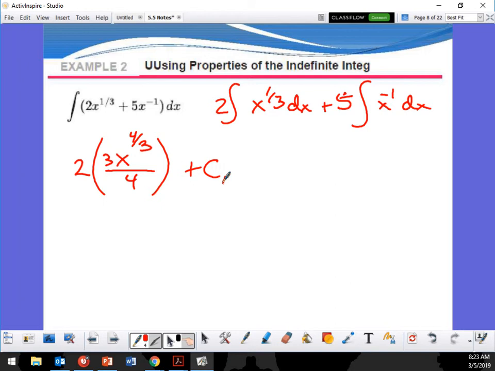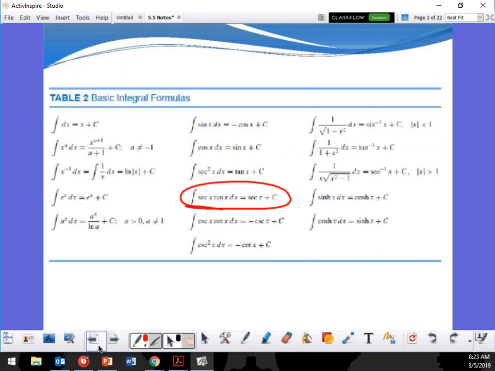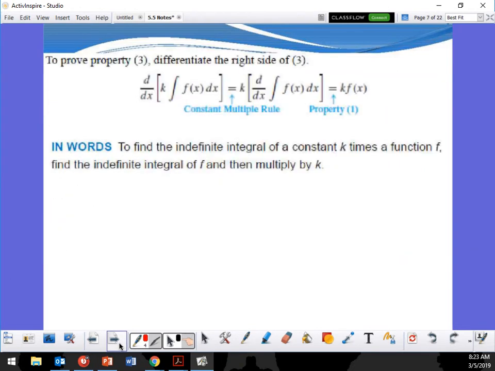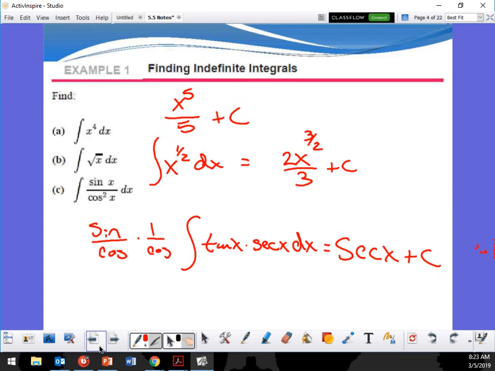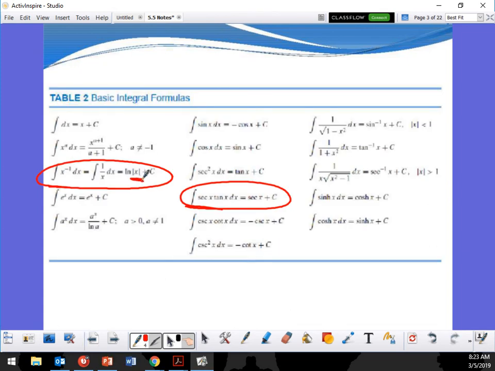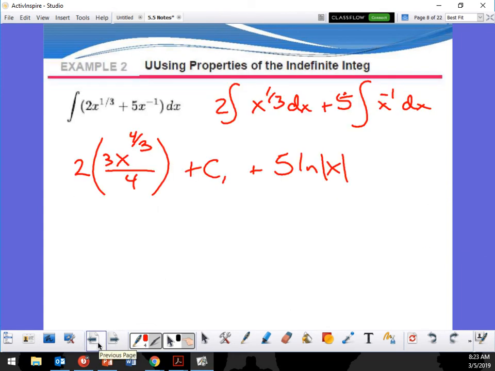That's a rule, and it's on the card right there. So 1 over x integrates to ln x. So it's going to be plus 5 ln of the absolute value of x, because if you forget that, you're going to be in trouble later on. And plus c from that one.